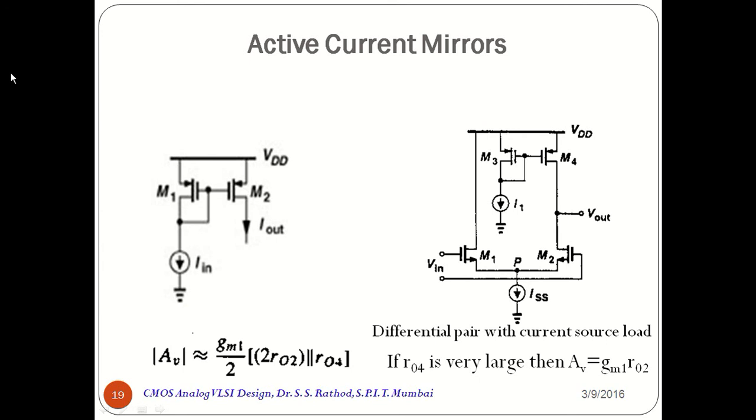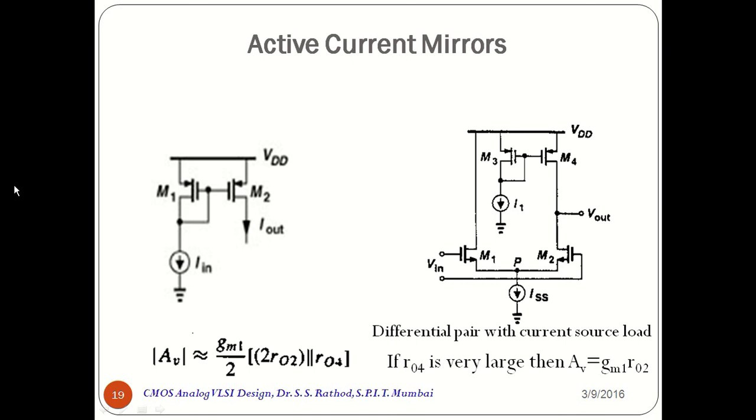Now let us study active current mirror circuits. Current mirrors can also be used to process signals, that is, operate as active elements. This is particularly useful in a type of mirror topology used in conjunction with differential pairs. So first of all, let us examine this first circuitry where M1 and M2 are identical.